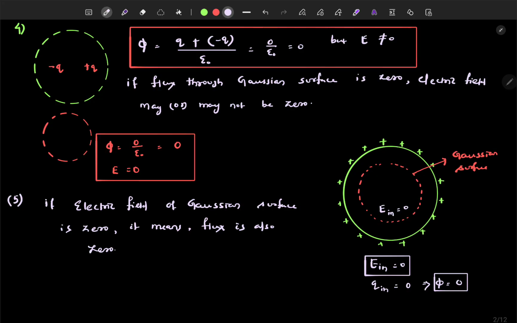Next come to point number 6. That is fully important also. I have told these are the golden points based upon electric flux. Point number 6. Suppose this is your Gaussian sphere, and let this be your charge Q, an outside charge.